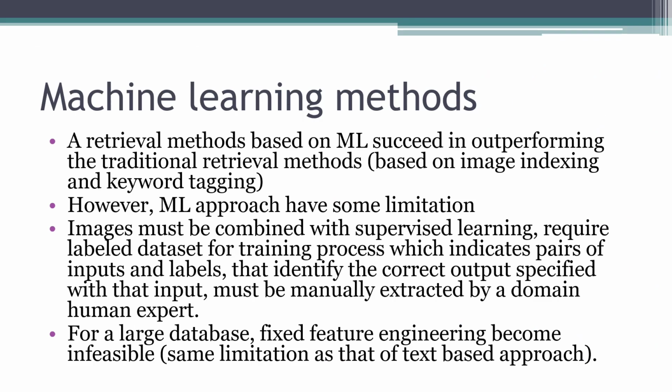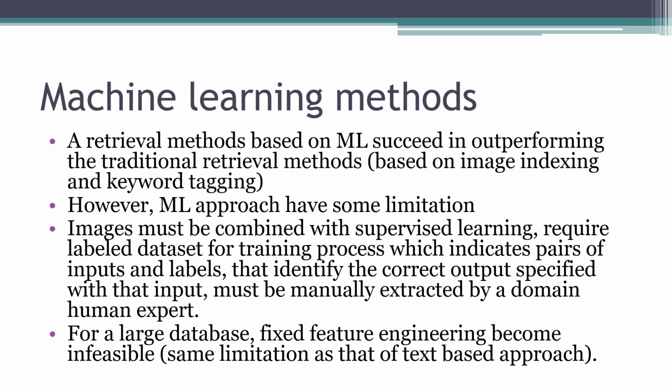With the advances in machine learning methods, retrieval methods based on them succeeded in outperforming the traditional retrieval methods that are only based on image indexing and keyword tagging, especially if we search for an image in a large database for a match of the requested image query. However, machine learning approaches have limited performance because, in order to be successful, they must be combined with supervised learning that requires a labeled dataset for the training process.